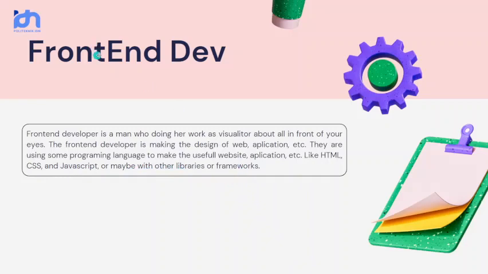So a front-end developer can make a website just by HTML, CSS, and JavaScript, but we must make the website with libraries and frameworks too, not only using HTML, CSS, and JavaScript.